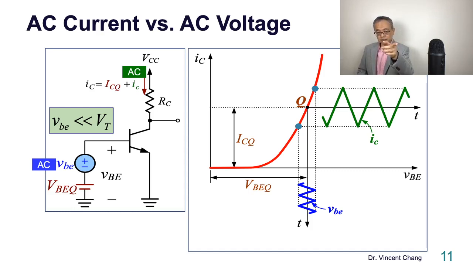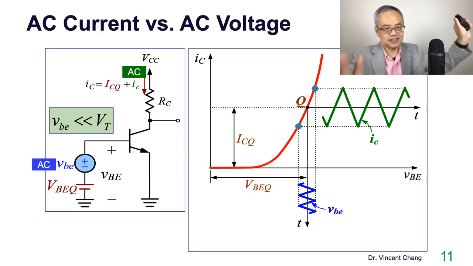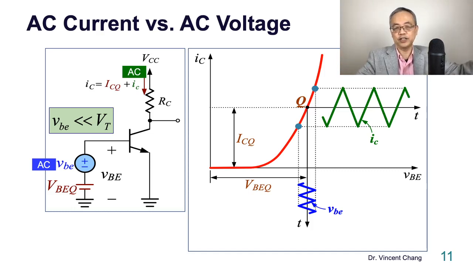The small signal definition for the BJT is more strict, in terms of the thermal voltage, not the threshold voltage. For the MOSFET, it's the threshold voltage.